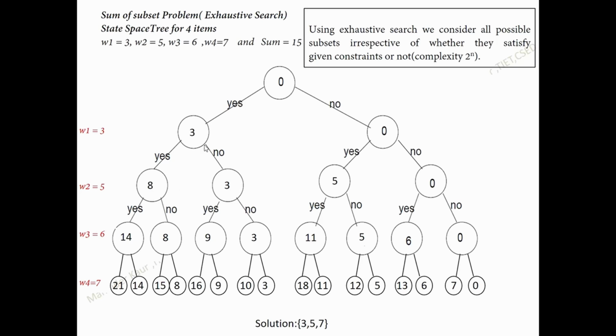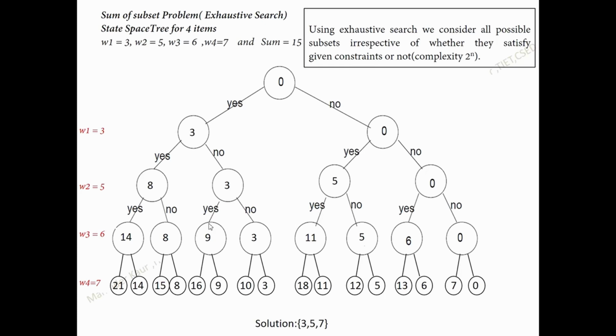Similarly, the rightmost branch says that you are not choosing the second element, that is 5, so there won't be any change in the sum of weights. In the second case, if you are choosing the element with value 5, then the weight will be increased by 5. The right side branch says the element 5 will not be chosen, so that value will be 0.